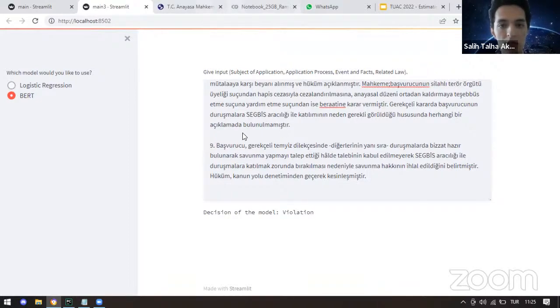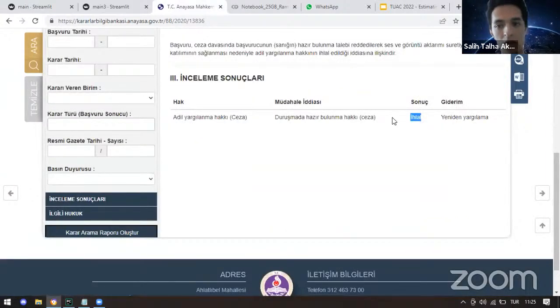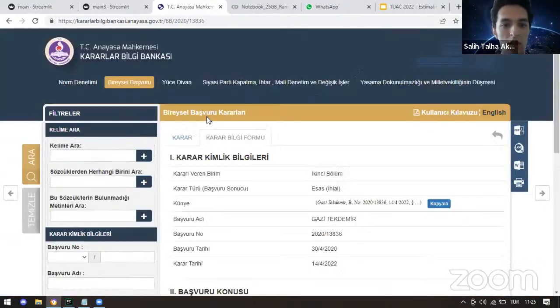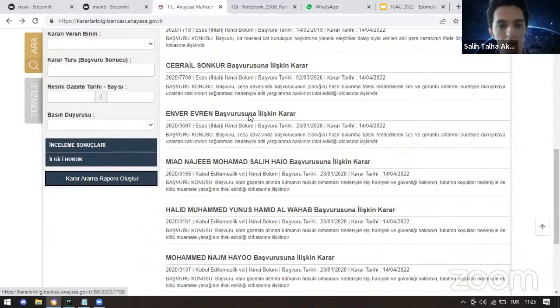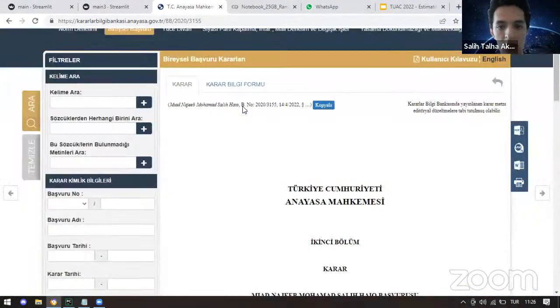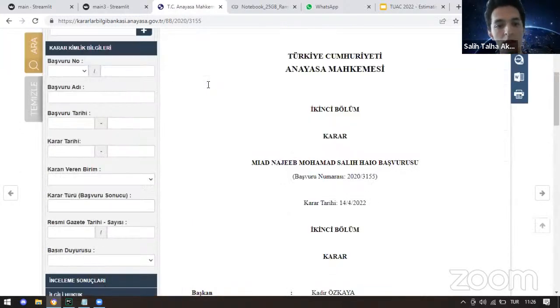When I come here and check it, I see a violation, in Turkish, ihlal. And I am going to try one more, like this one. I choose this because I know this is not a violation. It's as we accept it.